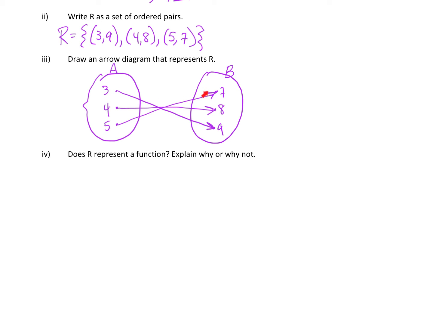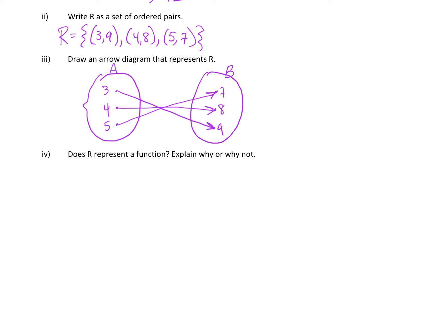If 3 also got paired with 7, we would not have a function. Okay, so 3 goes to 9 and only 9, so that's okay. If 3 got paired with anything else in addition to 9, it would not be a function. So 4 gets paired only with 8, and 5 gets paired only with 7, nothing else. So we have satisfied the definition of a function.